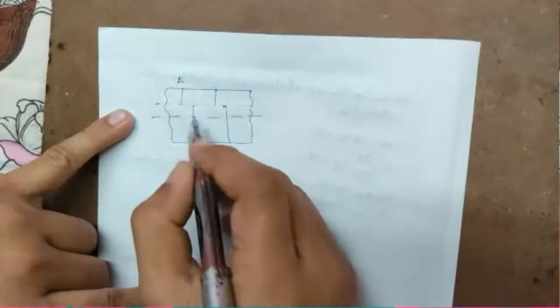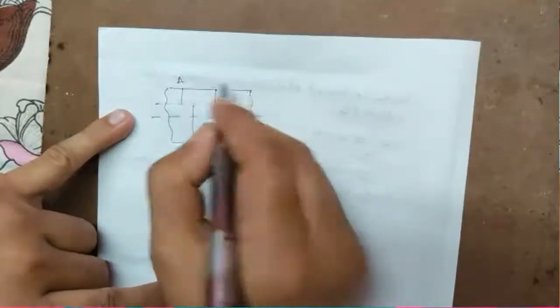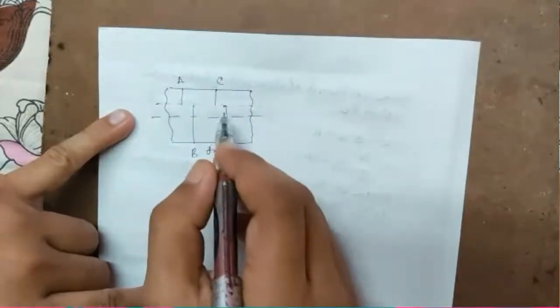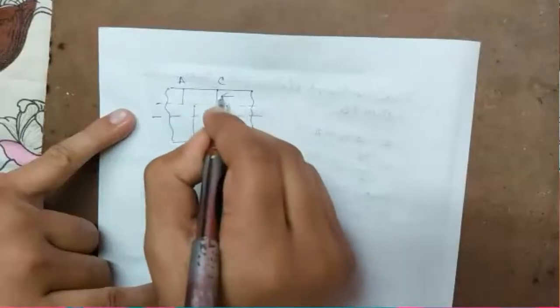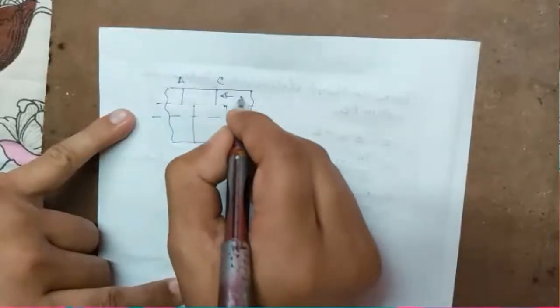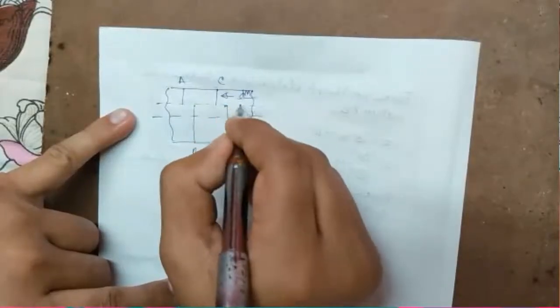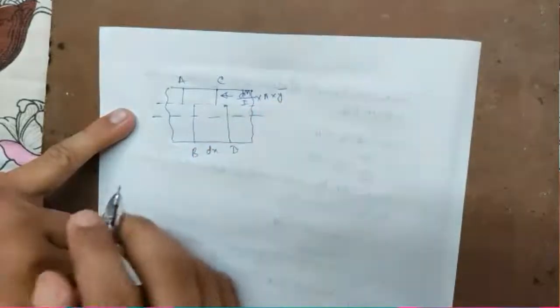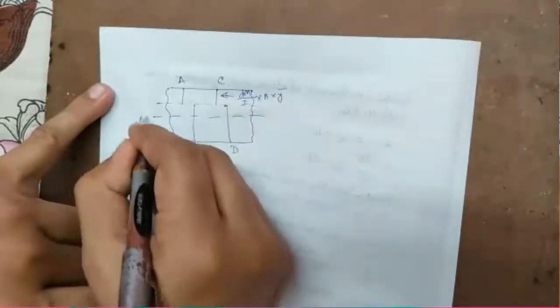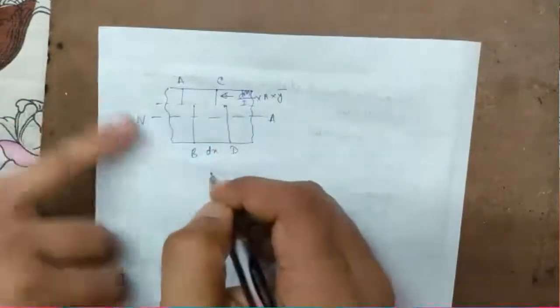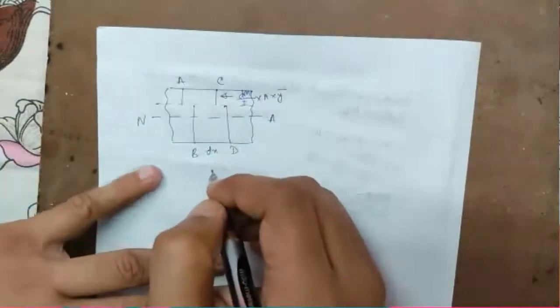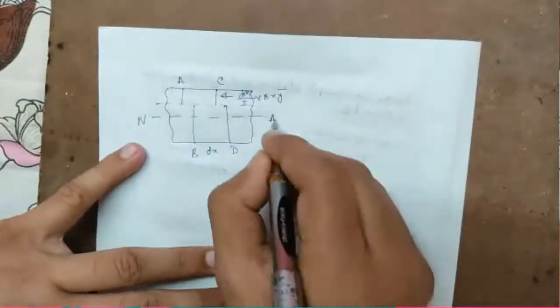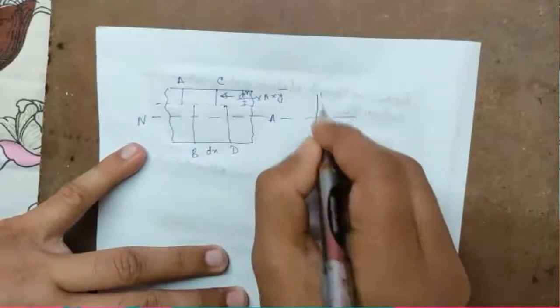Initially this was the AB section and this was the CD section, but this upper portion is shifted due to this force dM by I into A into y bar, and this is the neutral axis. So this is the way it will shift, and the cross section will look like this.